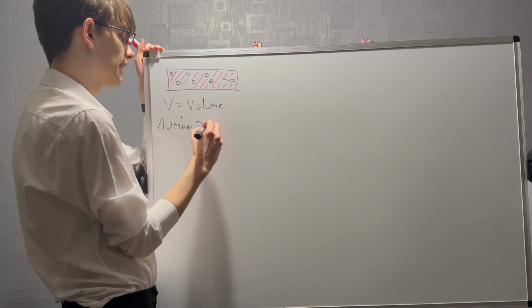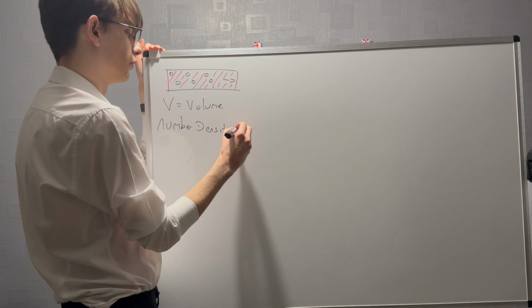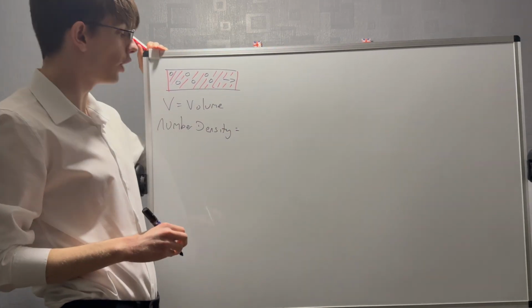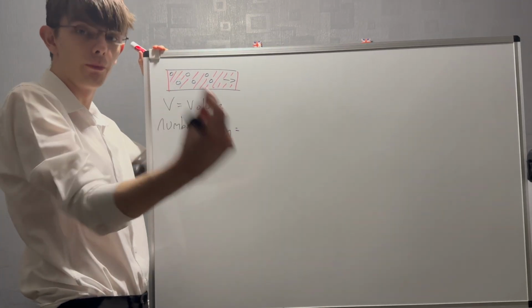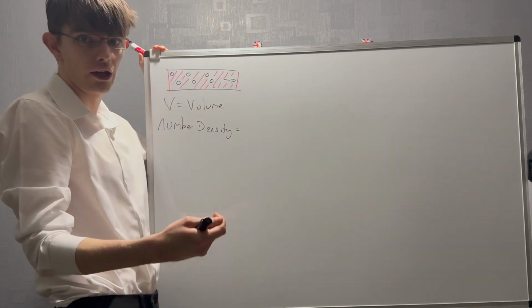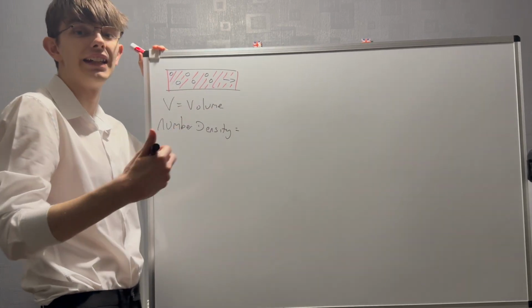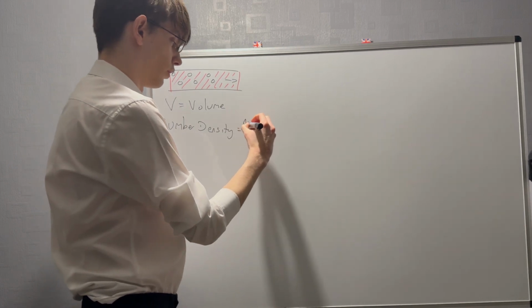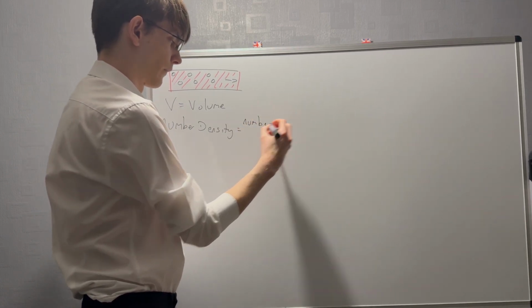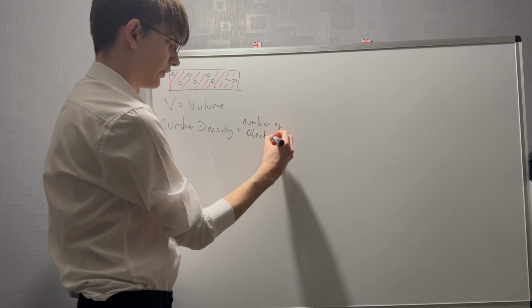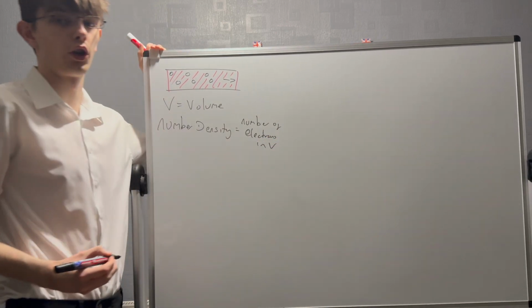Now, the number density, this is a term used all across science, not just with current, means the number of something, in this case the number of charge carriers or the number of electrons in a certain volume. So number of electrons in a certain volume V.